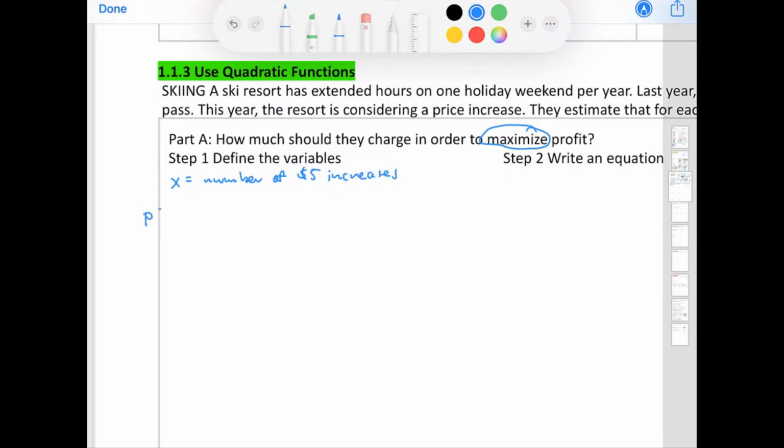And then the function we're creating will represent the total amount of money generated. And remember, if you're ever getting intimidated by the function notation, just change that to a y. It's really just x's and y's.